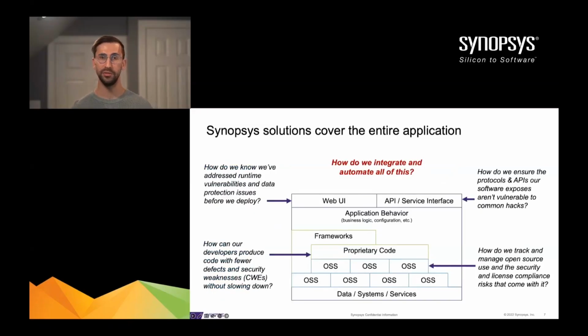And the reason open source is so popular is because it lets you spend more time working on that proprietary secret sauce, and it allows you to leverage a lot of functionality from the open source community. However, we have to think about tracking and managing that open source use and security and license compliance risks that might come along with it. Similarly, in the proprietary code, your developers may also introduce defects here, which can have certainly security and quality implications for your devices.